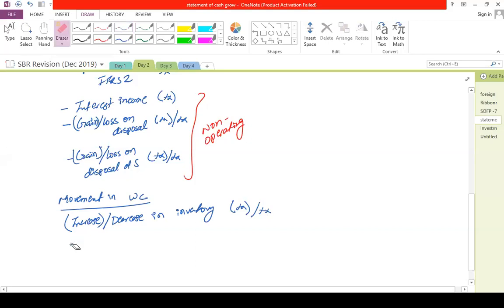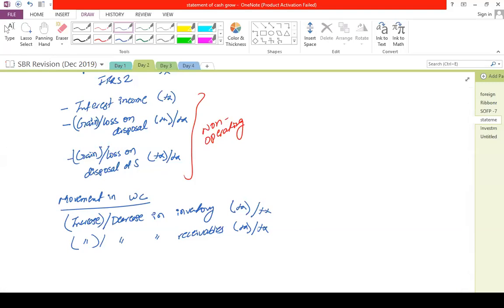Similarly, we incorporate the increase or decrease in receivables. And that's also exactly the same. The increase will be a negative value and the decrease will be a positive value.